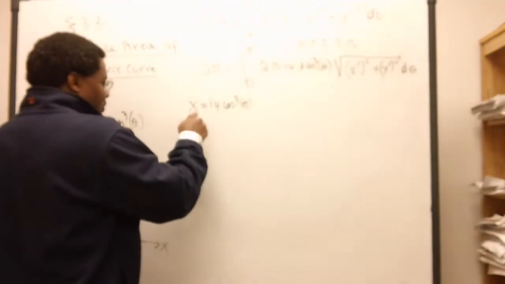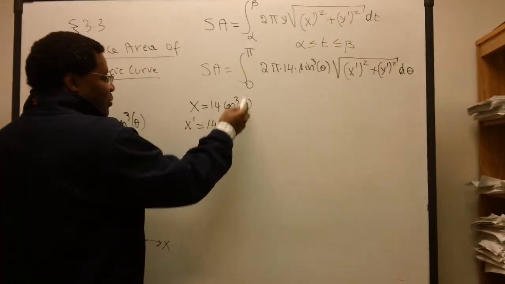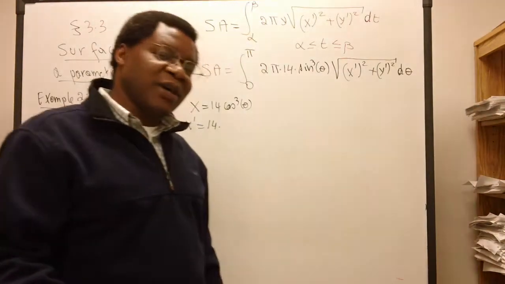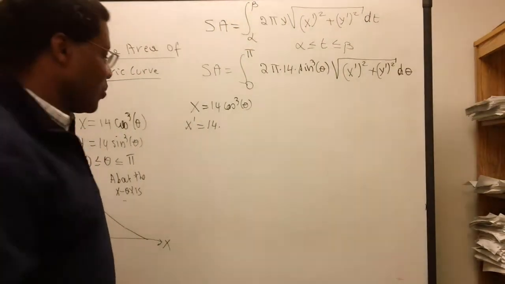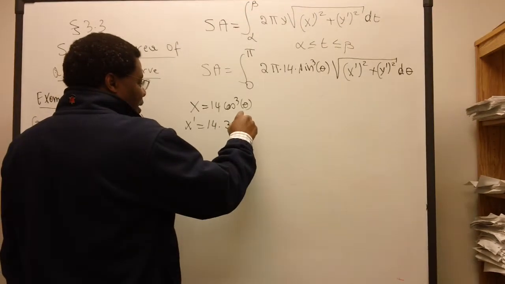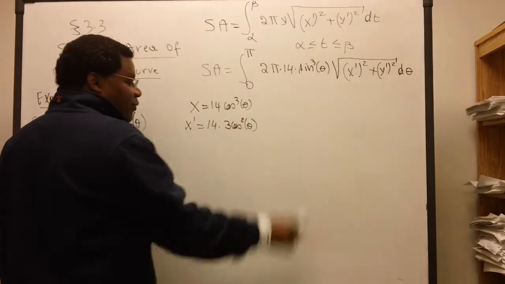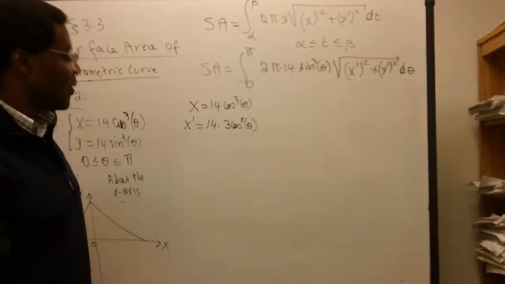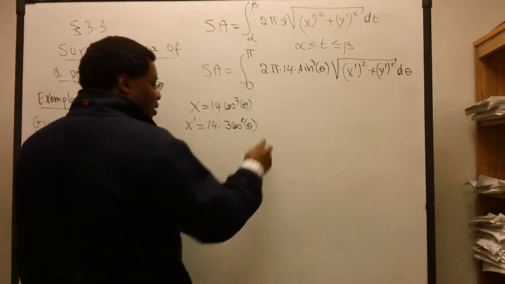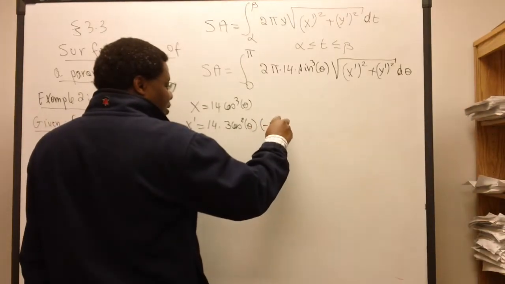Now x prime is going to be 14 times the derivative of cosine cubed theta. That brings us to the power rule followed by the chain rule. The power rule says that you drop the 3, and then take away 1 from 3, you get the square, and then apply the chain rule, which means you take the derivative of cosine, which is negative sine.